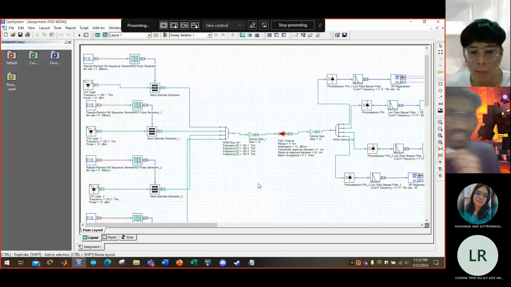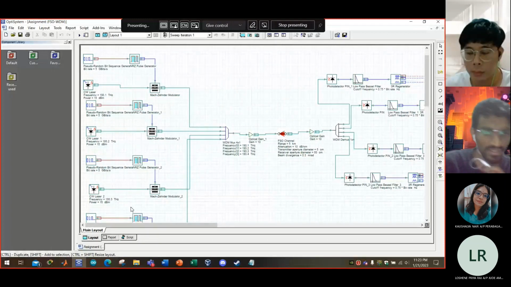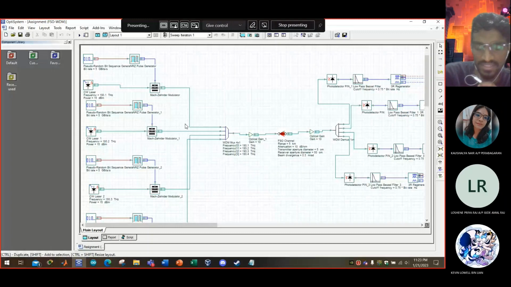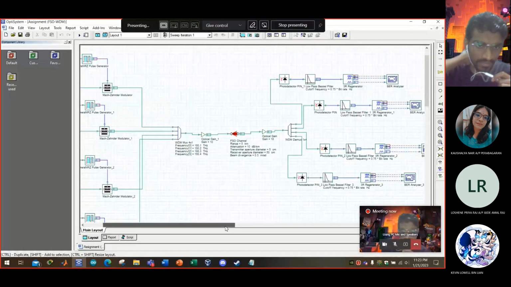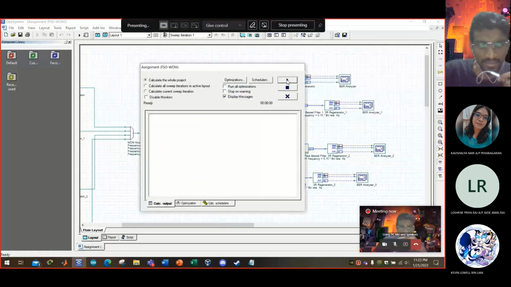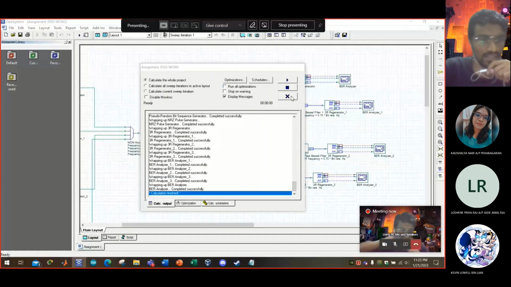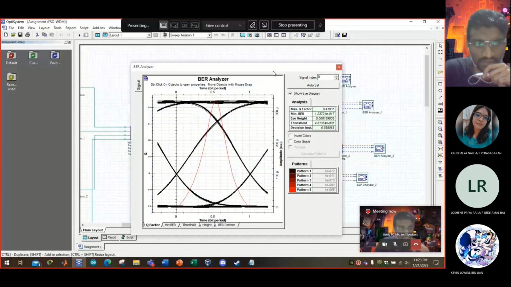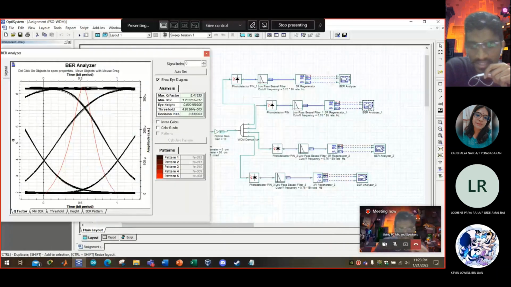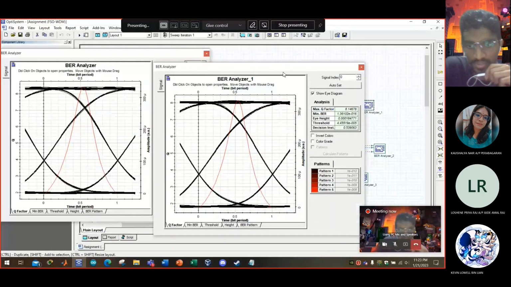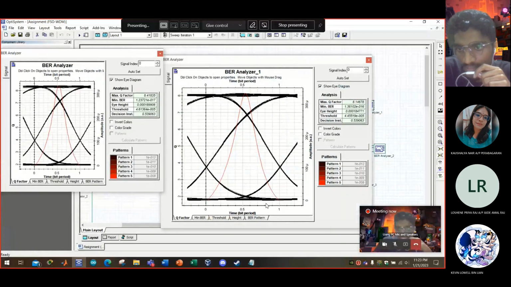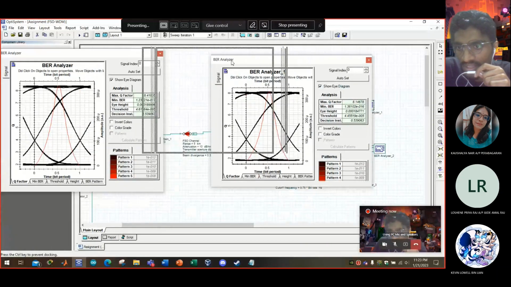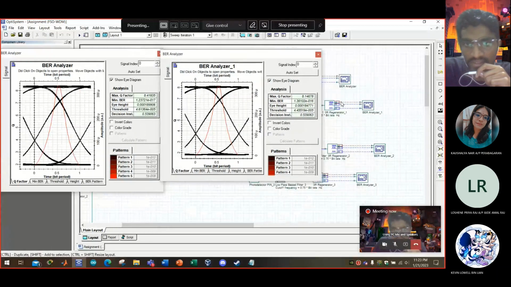My part is the result when the divergence value is 0.3 mrad. As we can see here, there are 4 channels of BER analyzer. When the result came out, for the first channel the Q factor is 8.41835.